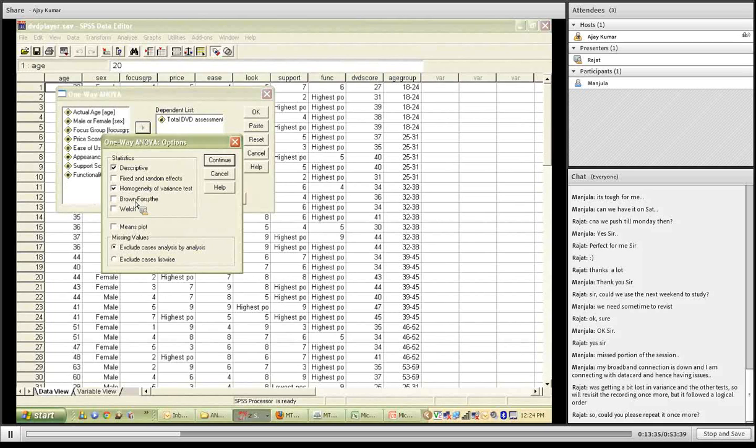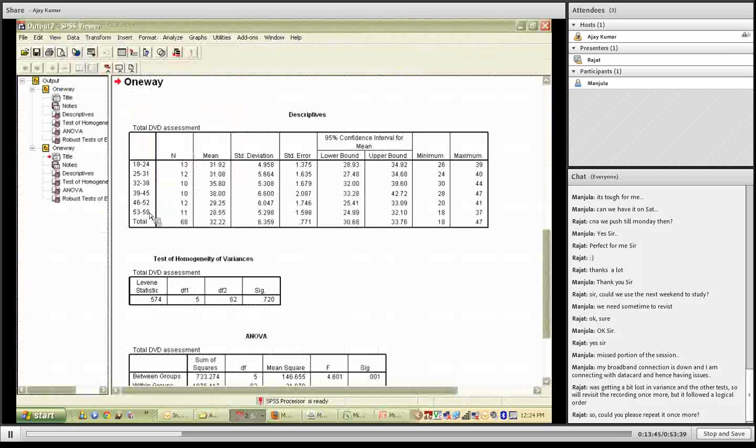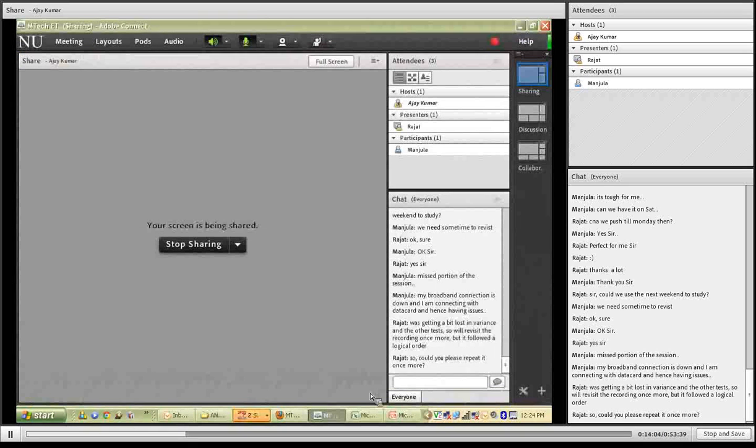Then we have these many groups, and the Levene statistic here gives a value of 0.720. So what does it mean? What do we say? Are the variances of these groups equal or not? I would like you to attempt it. A value of 0.720 in Levene statistics means what?